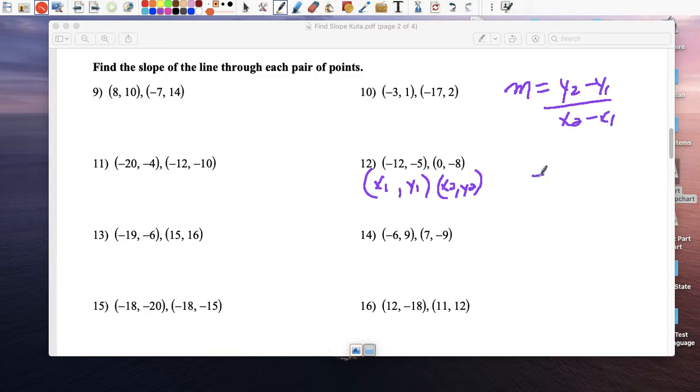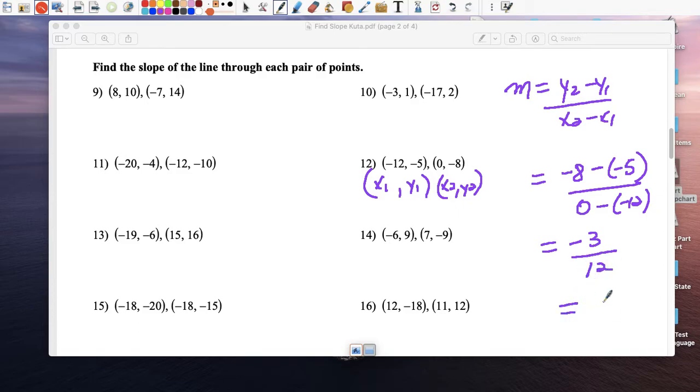So y2 is negative 8 minus y1, which is negative 5, and I'll put that in parentheses, over x2, which is 0, minus x1, which is negative 12. So I end up getting negative 8 minus negative 5, which is the same thing as plus 5, so I get negative 3 on top. And 0 minus negative 12 is just positive 12. And if I simplify that, I get negative 1/4.